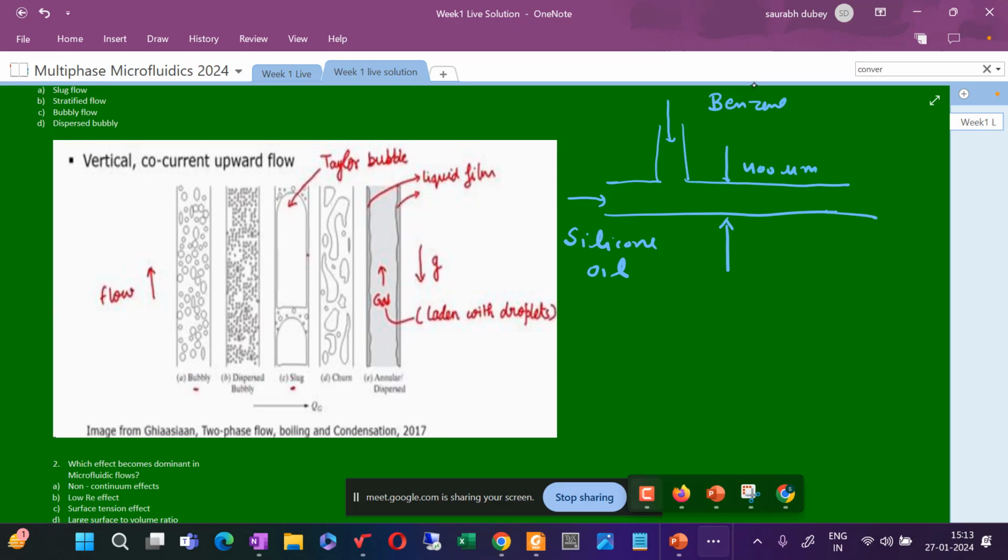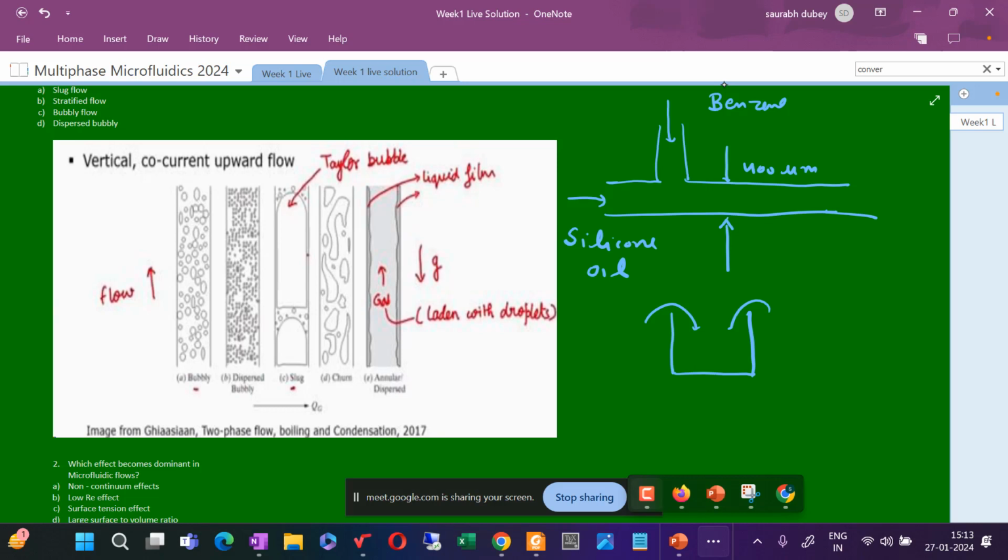When benzene and silicon oil are mixed together in a beaker, in a glass, they will be miscible with each other, like sugar and water mixed together.